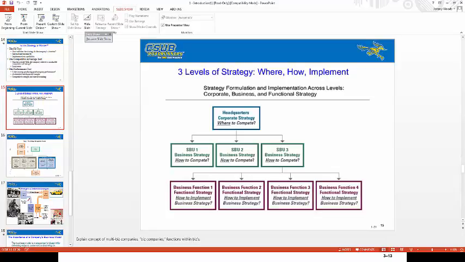We've got 3 levels of strategy, or 3 levels of the organization, that we're going to talk about at various times in this course. One is the headquarters level. The middle is the strategic business unit level. And then we've got the business functional areas. If I compare this to Cal State as an institution, the headquarters strategy is up here at the chancellor's office level, so that's down in Long Beach.